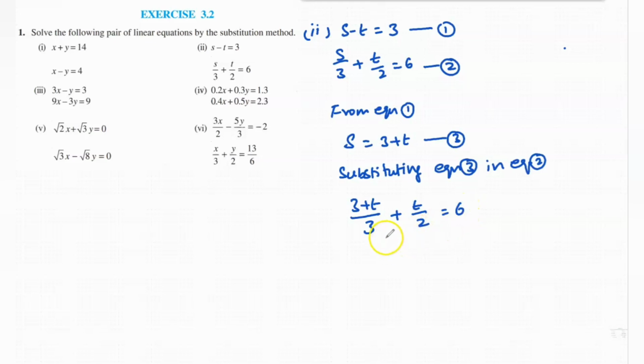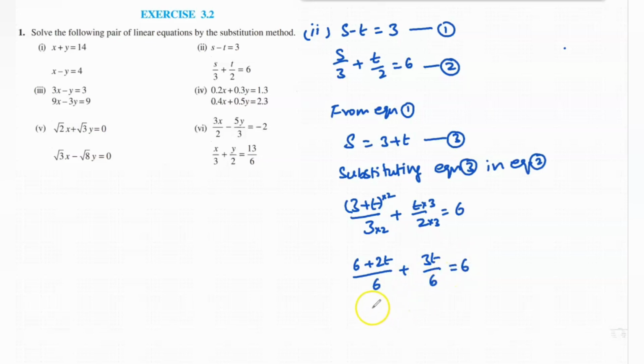Now let us change both denominators to the same denominator 6, which is the LCM of 3 and 2. So multiplying by 2 both sides up and down, and this one multiplying both sides up and down with 3. Now we will get 2 into 3, 6 plus 2t by 6, plus 3 into t, 3t by 6, is equal to 6.